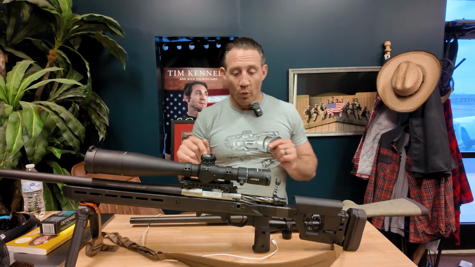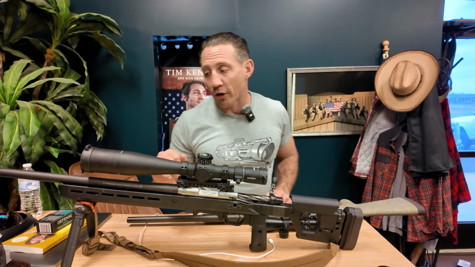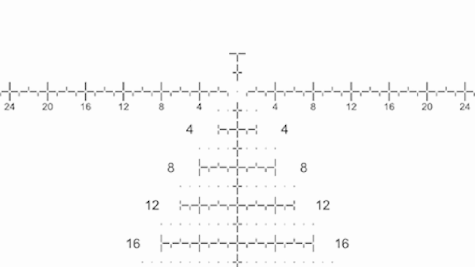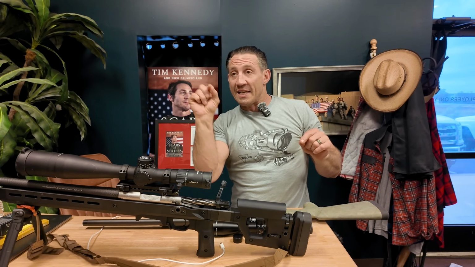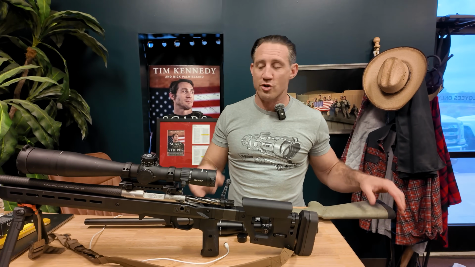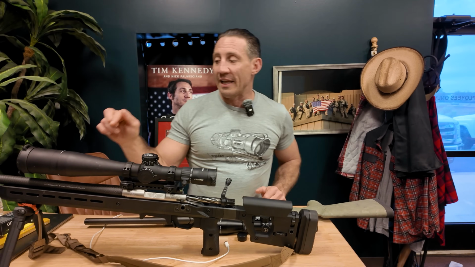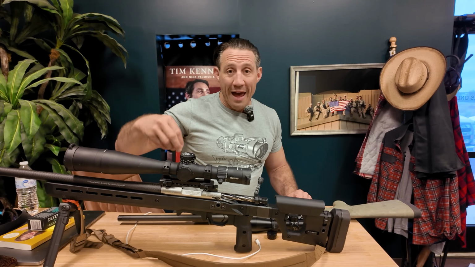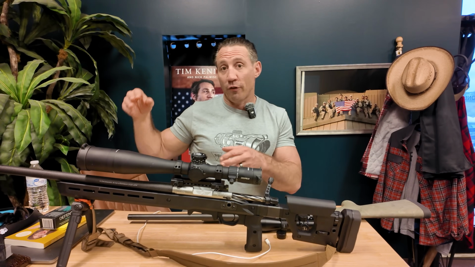So with this one, with the reticle that's inside of here, we have this Christmas tree looking reticle, and you're able to very precisely measure how far away something is inside of that, using that reticle as a tool of measurement. So whether I'm going to make an in reticle adjustment or I'm going to dial it on, I can do the math just in mils off of what I see.